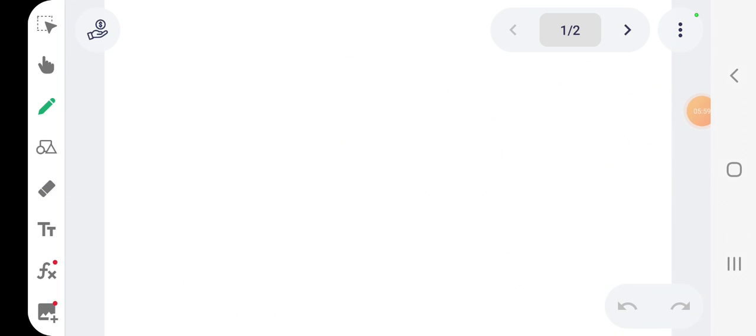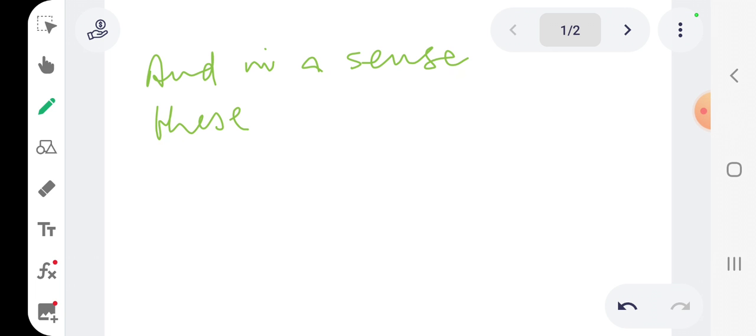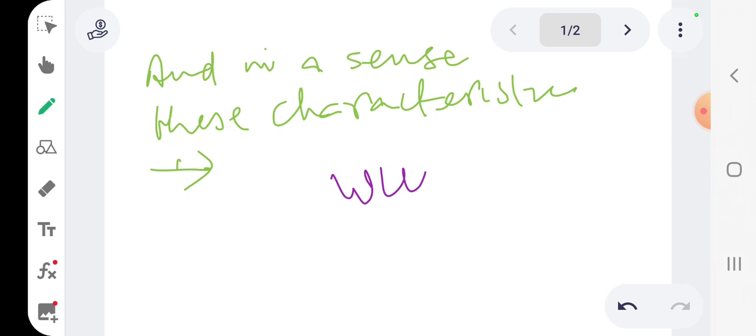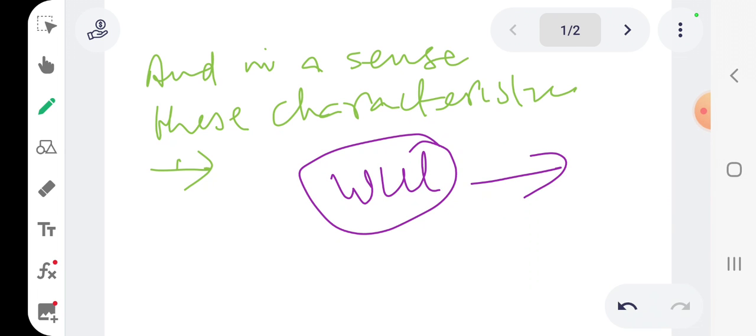And in a sense, these characteristics that you have, you will whatever you will, and there are minimum constraints on your will.